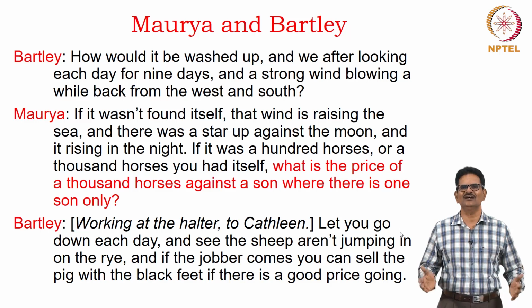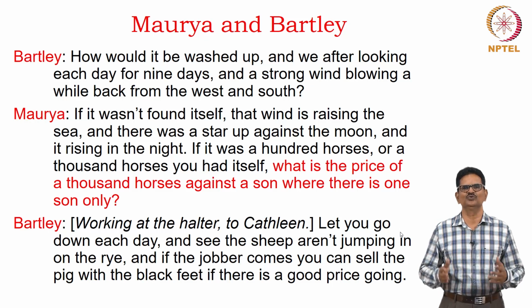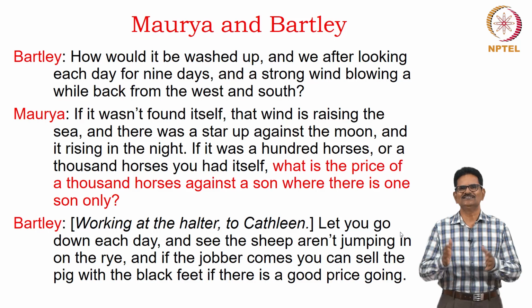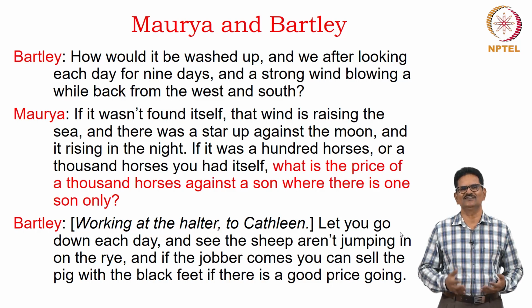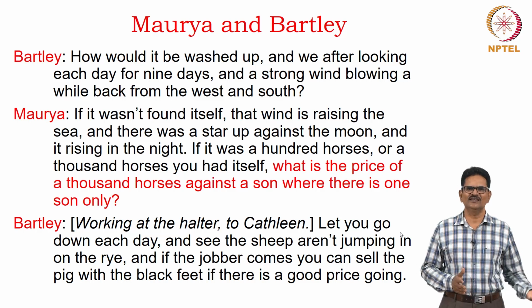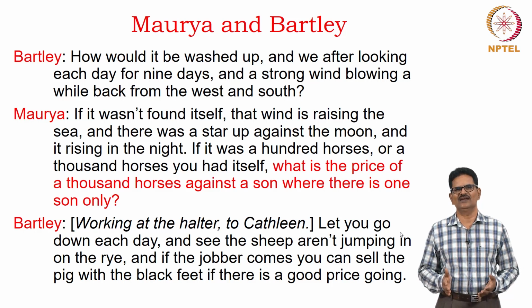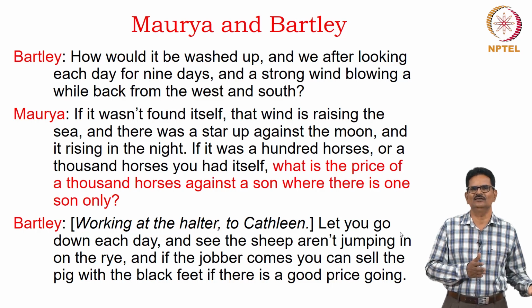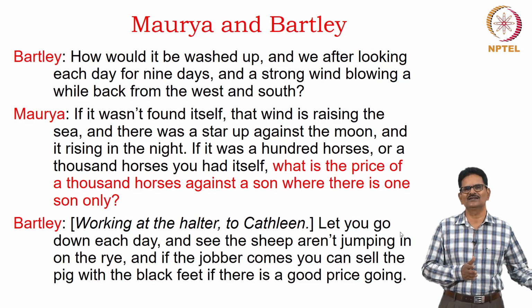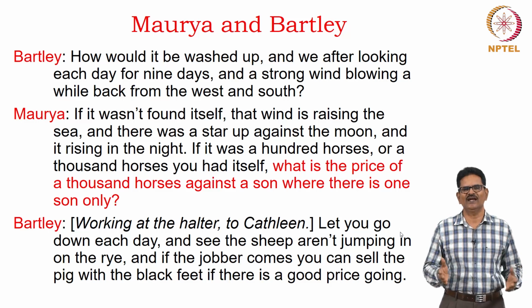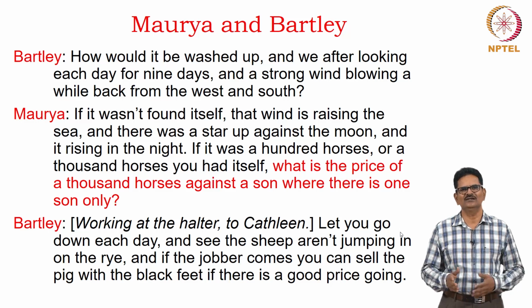If it was 100 horses or 1,000 horses you had itself, this is the most important part of this talk of Maurya. What is the price of 1,000 horses against a son where there is one son only? Maurya has lost 5 sons already. Only Bartley is left. Bartley wants to go to the sea, that is cross the sea to another place, but then she is afraid she may lose the only remaining son. But the son Bartley doesn't listen to her.